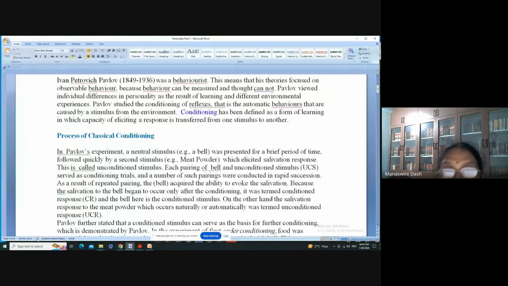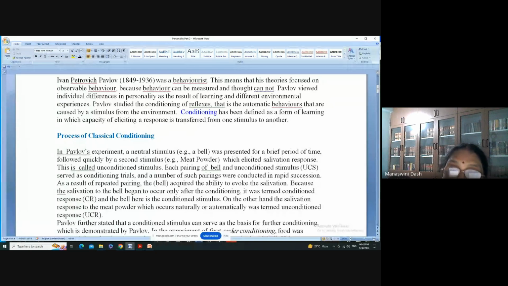When we ring the bell just before the presentation of the UCS, that is food, several times, gradually the bell acquires the ability to evoke salivation.